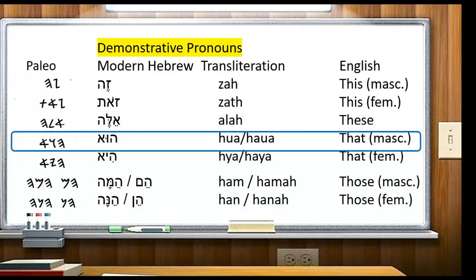familiar word. You may have seen this already in your notes. Hua and hia. You saw this earlier when I explained his and her. Well, this is a relational pronoun. So this pronoun would take on different meanings depending on the various contexts.